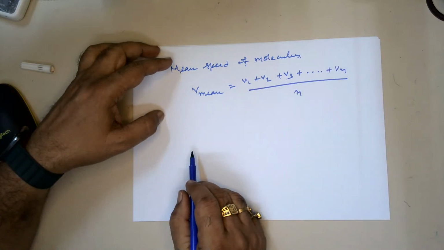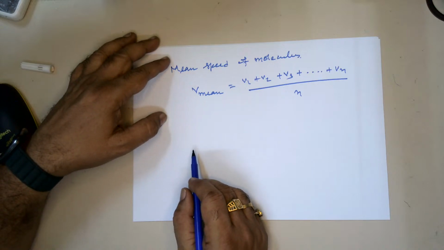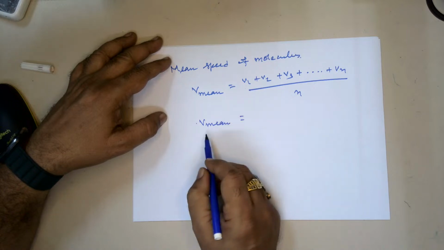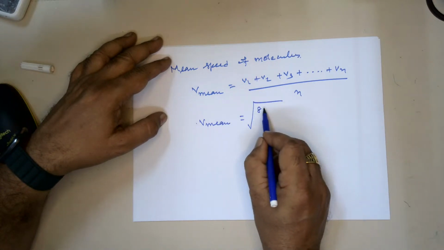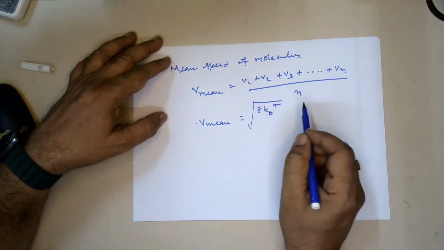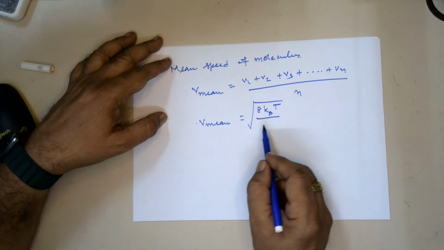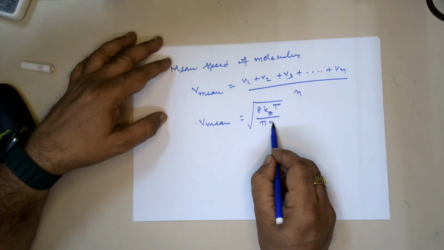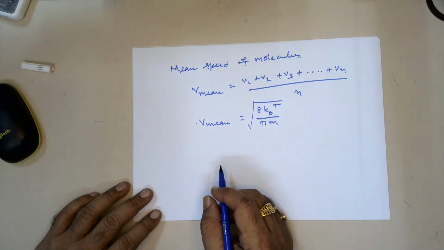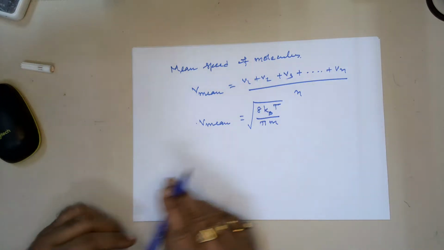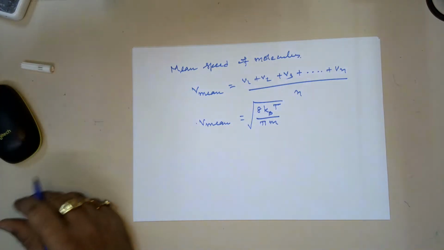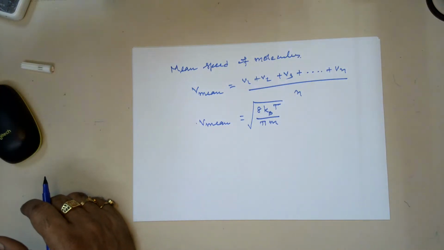This is called mean speed, and it is given by the whole square root of 8 kB T divided by pi m. Kb is the Boltzmann constant, T is the temperature on the absolute scale, that is in Kelvin, m is the mass of one molecule, and T is the temperature of the gas.